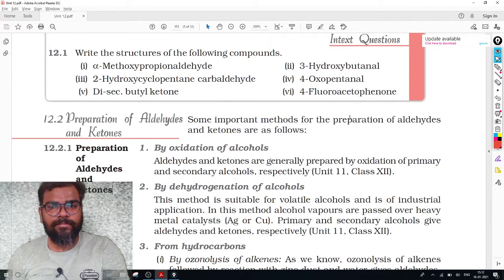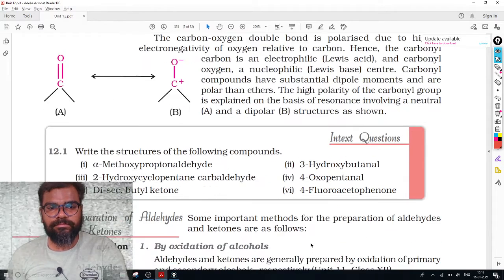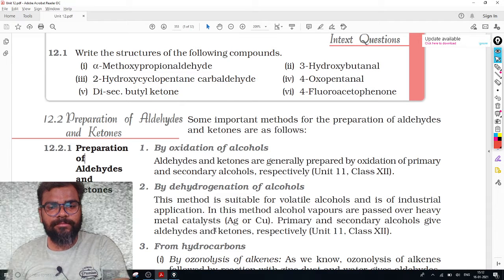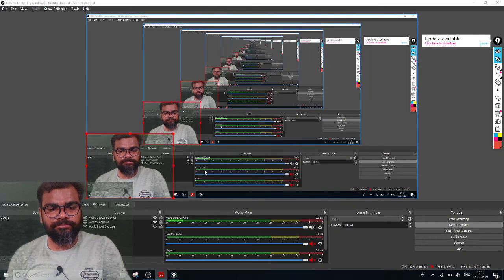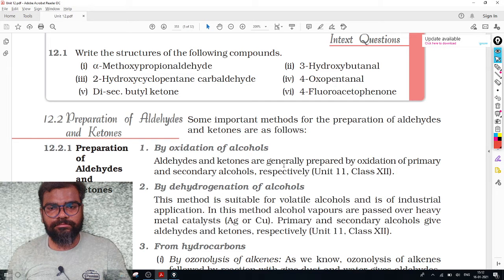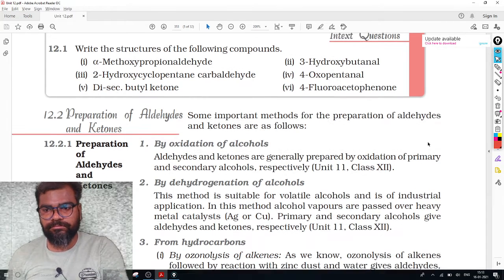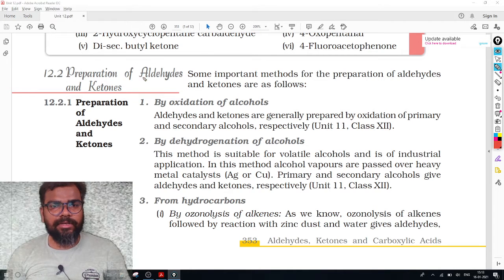Then the next topic: the preparation of aldehydes and ketones.